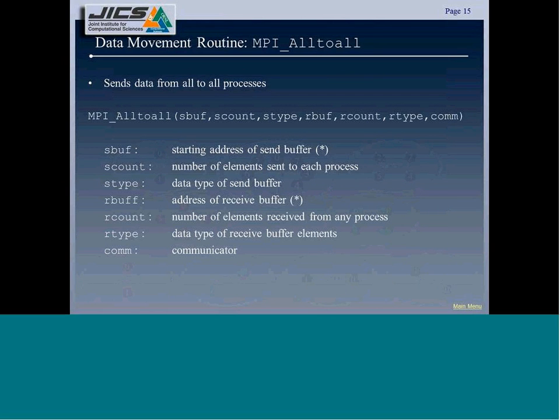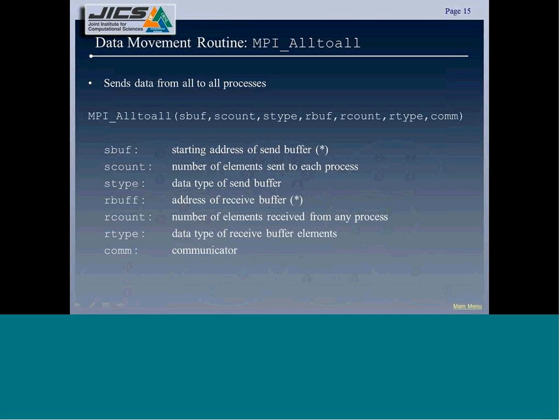MPI all-to-all would probably be the most expensive function mentioned so far. So it sends data from all processes to all processes. Let's actually start here and talk about it. So we just have a send buffer.